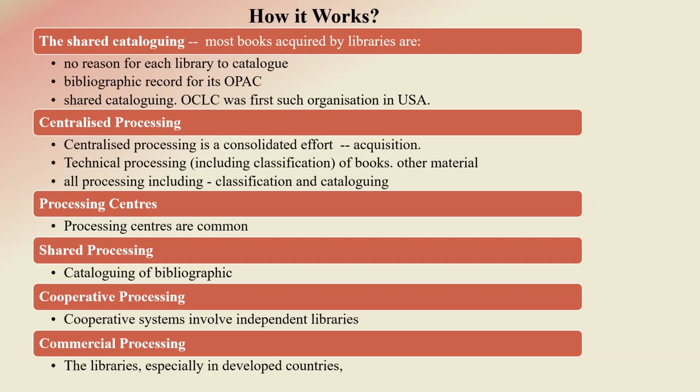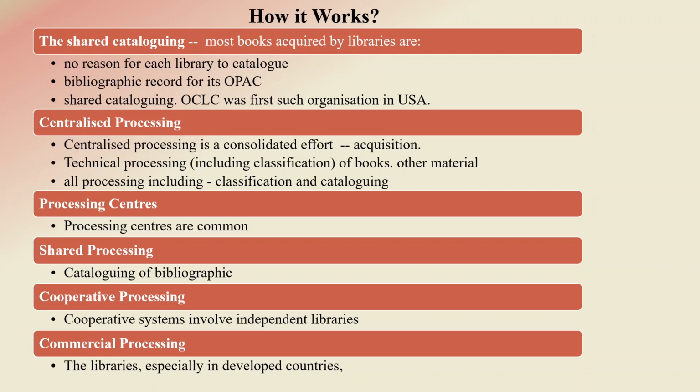Processing centers are a common infrastructure facility, a building used for carrying out the processing of books for a number of libraries. Such a center is developed with the cooperation of libraries in adjoining areas. In the USA, processing centers were initially established under the provisions of the Library Services Act.